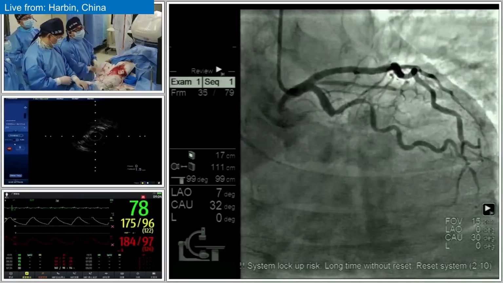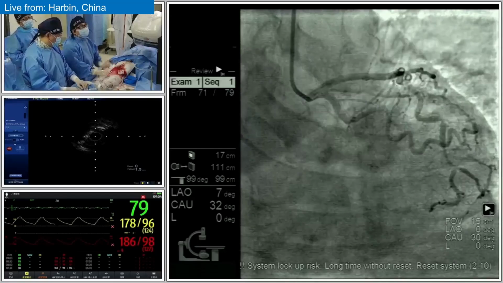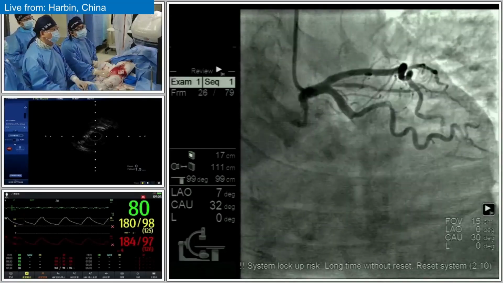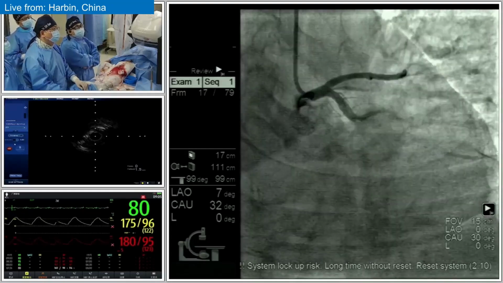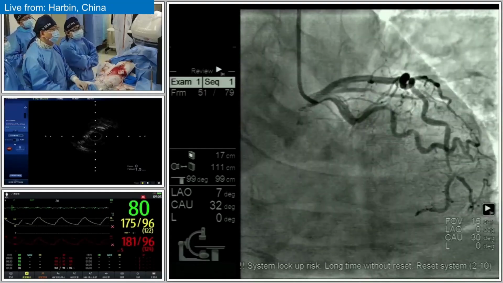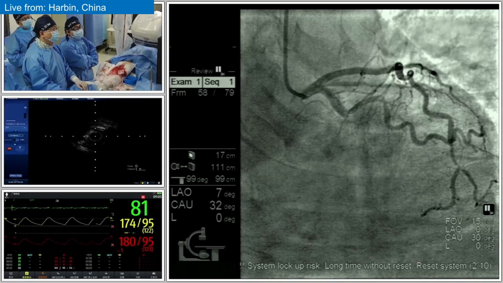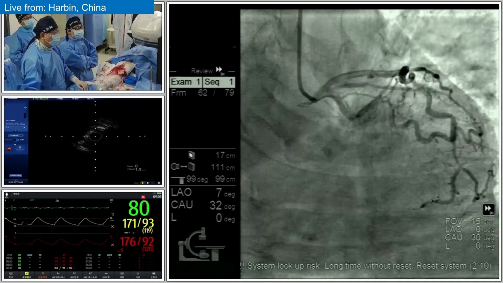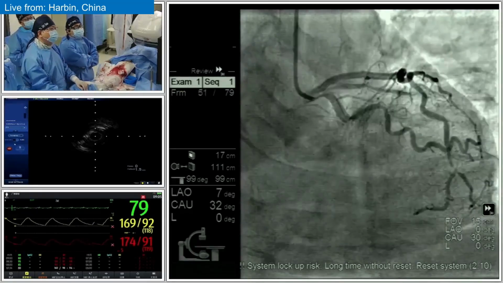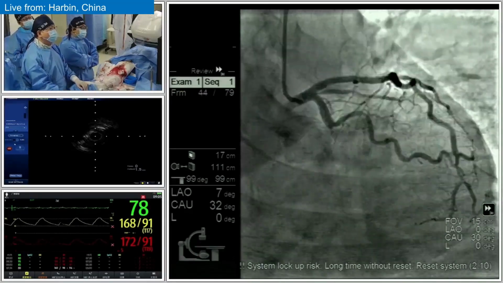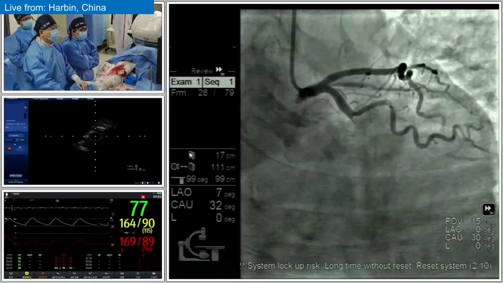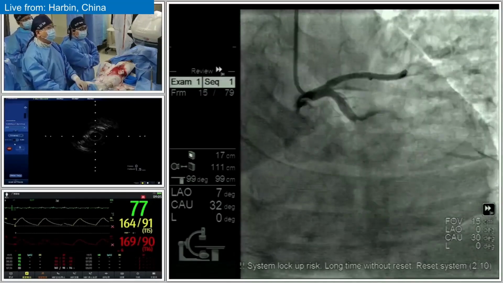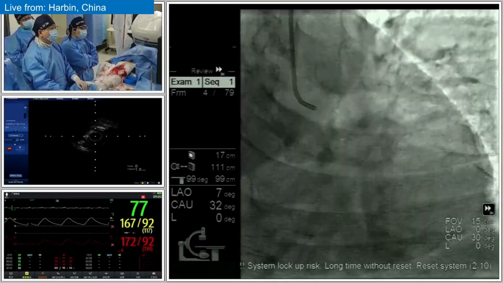Firstly, from the CTA result, we can find the proximal cap is located just at the bifurcation, and from the angiography, we can see the tapered proximal cap.